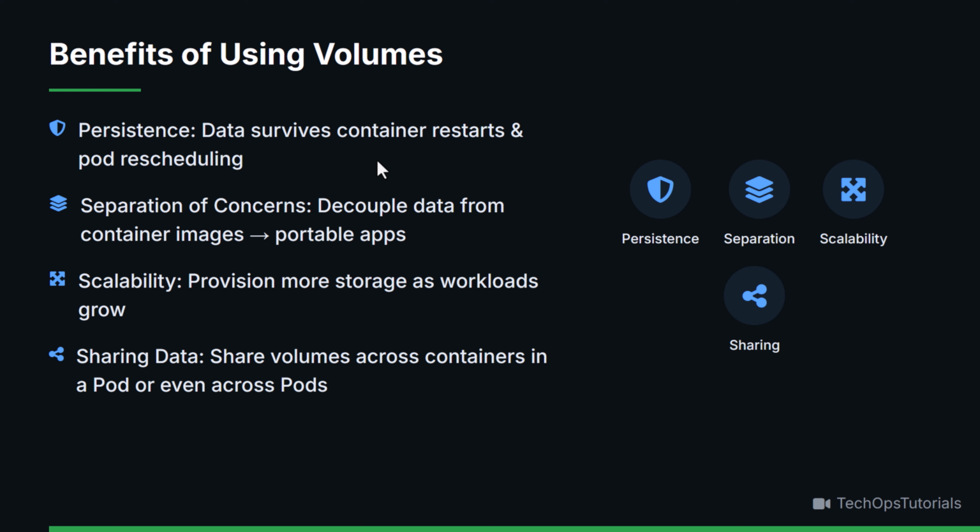They also provide scalability since we can provision additional storage as workloads grow. And finally, volumes enable data sharing. Containers within a pod or even across pods can access the same data for collaboration and persistence. These benefits make a volume a core building block in Kubernetes storage.